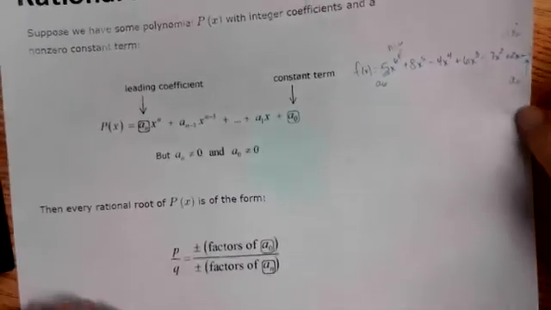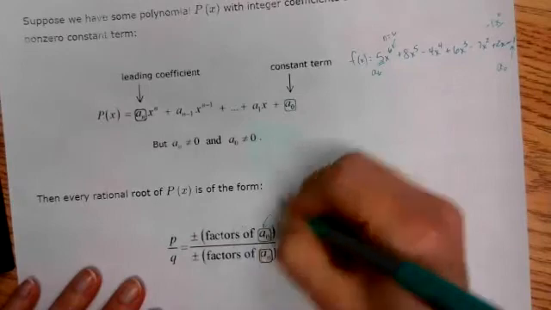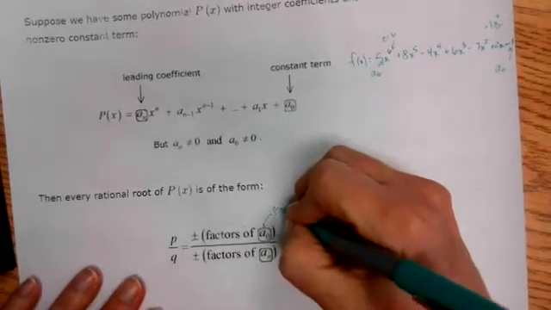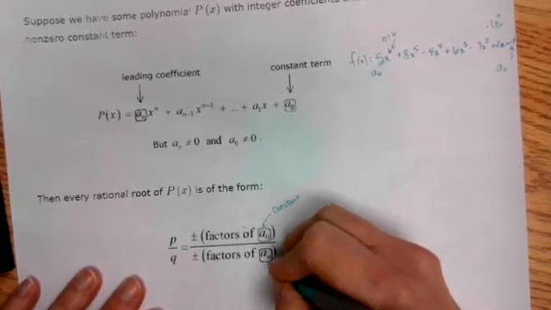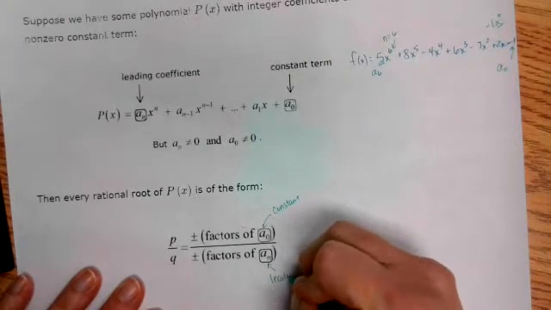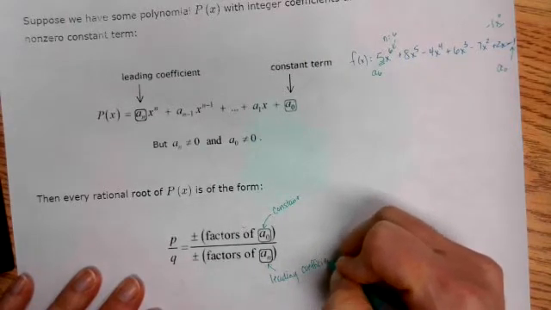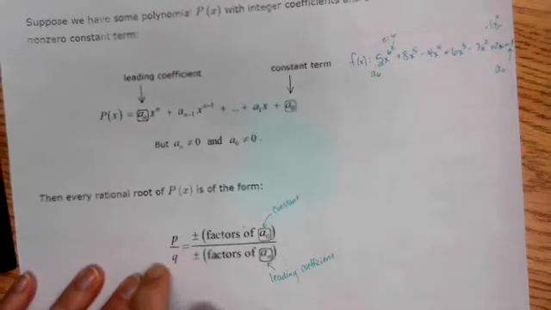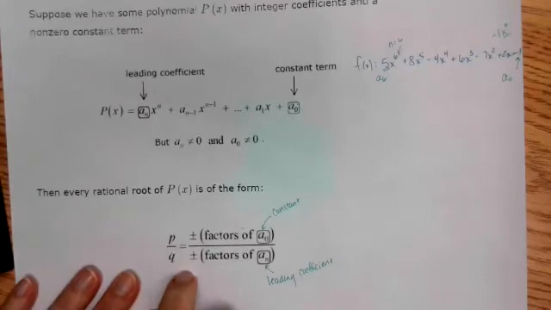But all of it boils down to factors of a subscript of 0, which is my constant term, and then a with a subscript of n, which is my leading coefficient. If I put them over each other, then it gives me the factors that are possible rational roots.